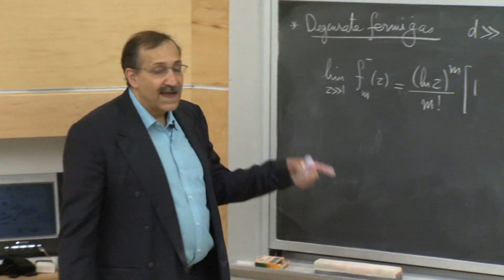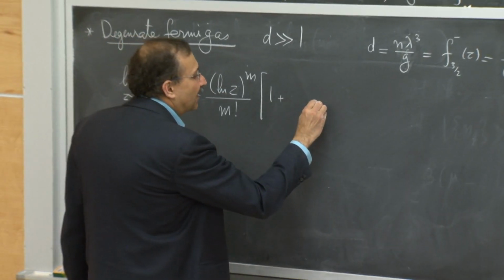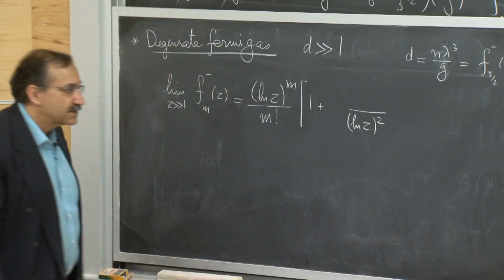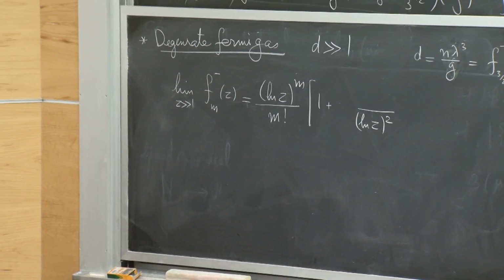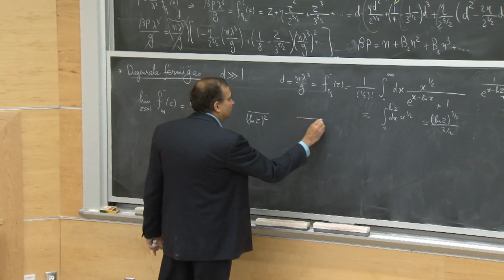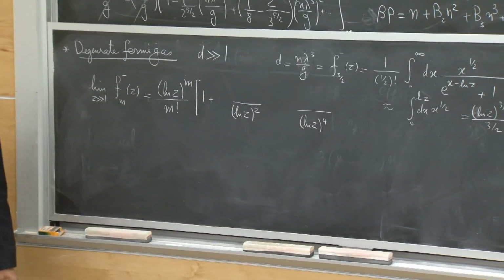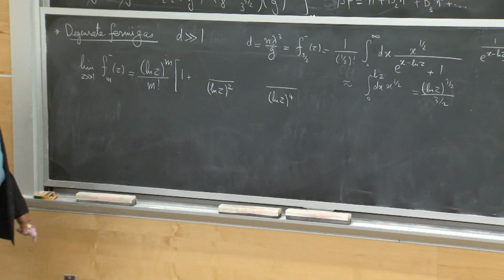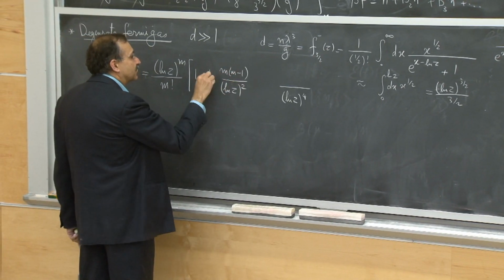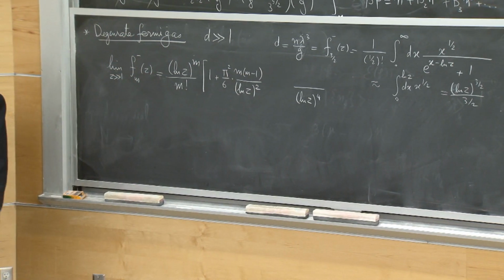It turns out that that will generate for you a series in inverse powers of log z, and in fact, inverse even powers of log z, so that the next term will fall off as 1 over log z squared. The next term will fall off as 1 over log z to the 4th, and so forth. And the coefficient of the first one, and I show you in the notes how to calculate it, is pi squared over 6 times m minus 1.